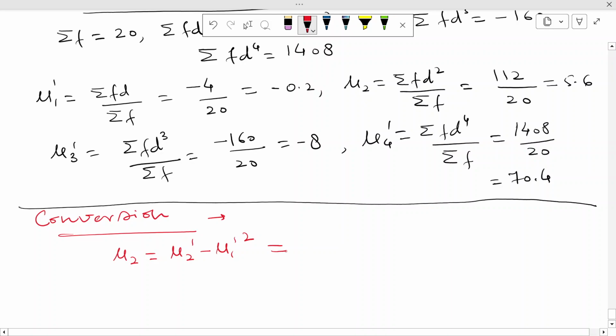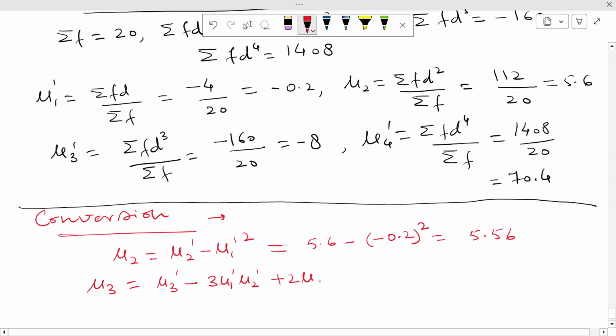So we put the values here. mu2 dash we calculated as 5.6, so this is 5.6 minus mu1 dash square, which is negative 0.2, and when you square it, it becomes a smaller quantity, and this is coming out as 5.56.